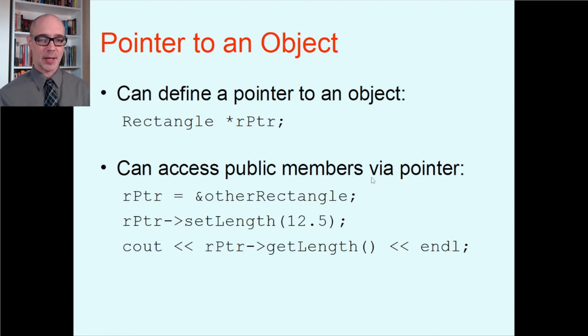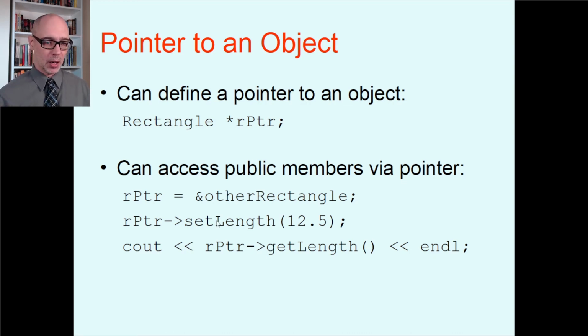So having done that now, if I do actually have a real rectangle object called other rectangle, I can get the address with the ampersand operator, of course. Right? I can store that address in our pointer, that's what it's for. And then once I have that pointing at a legitimate object, then I can start accessing the public member functions with the arrow operator, as you do with pointers to structures.